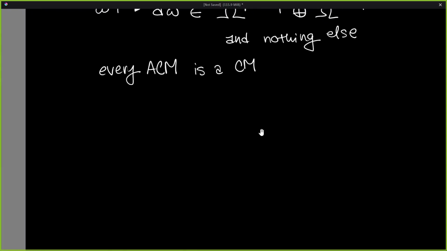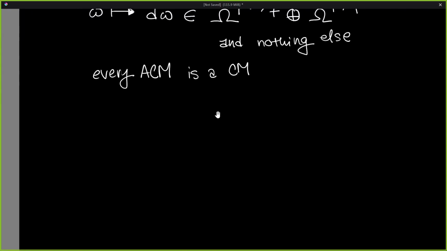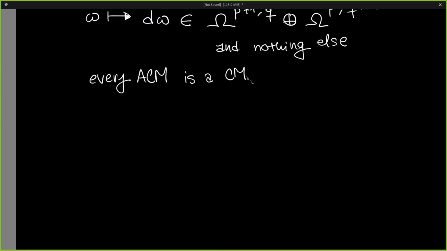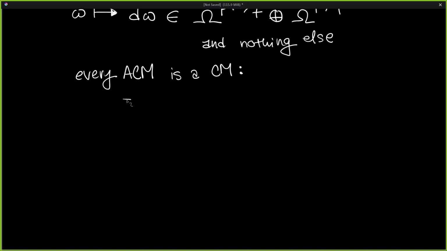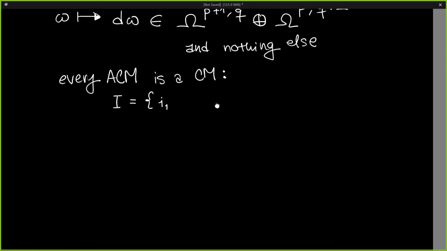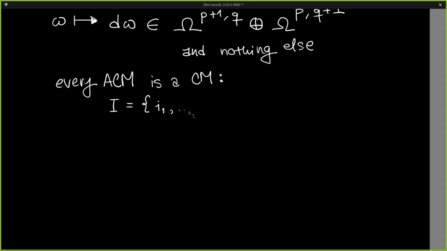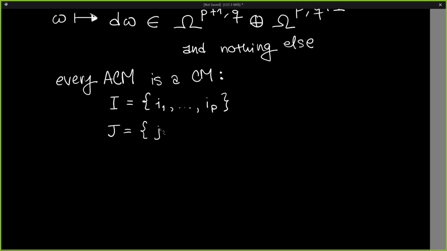Okay, let's do it. We're going to introduce something called multi-index notation. I haven't used this before in this lecture series, so I'll briefly go over how it works. We're going to use these things called multi-indices: I is equal to I1 through IP, and J is equal to J1 through JQ.